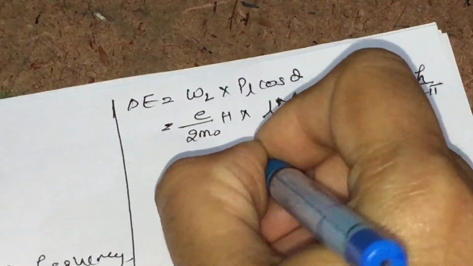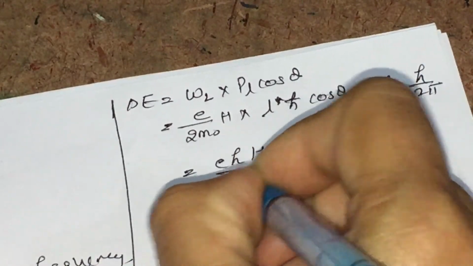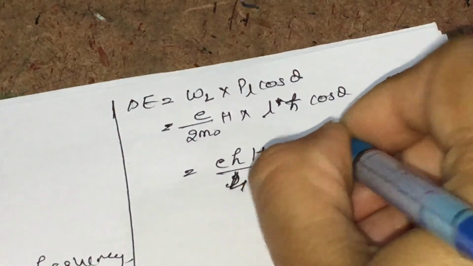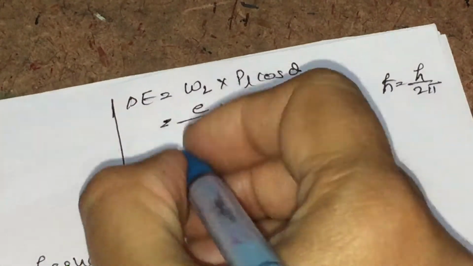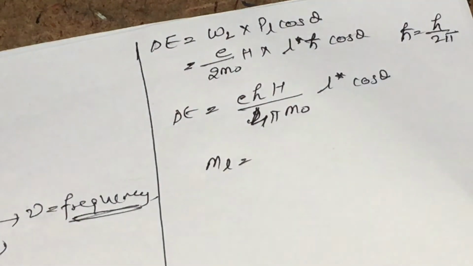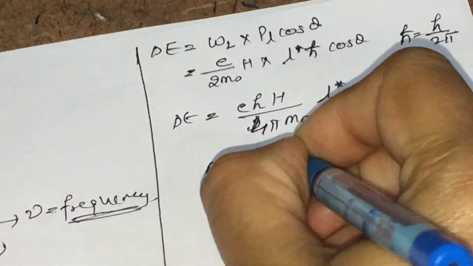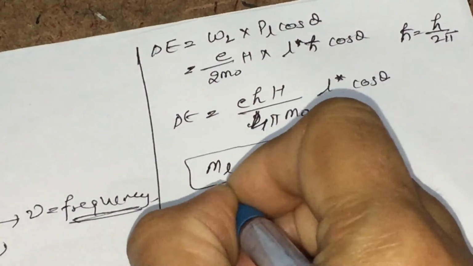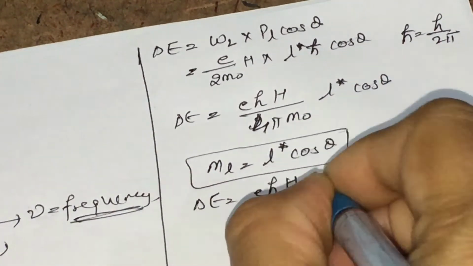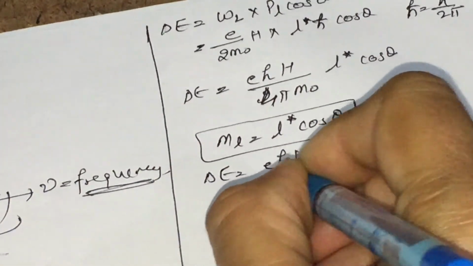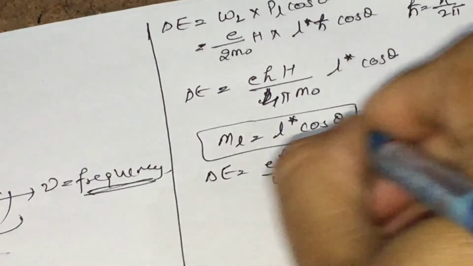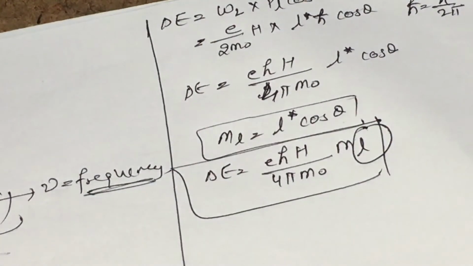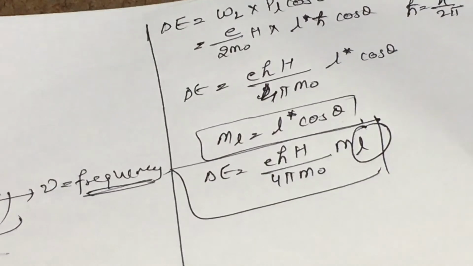Substituting this value we will have EHH divided by 4 pi m naught into L star cos theta, and by changing L star cos theta in terms of magnetic quantum number, ml is given as m, that is L star cos theta. So the change in energy in the case when magnetic field H is applied is given by this relation, and here the orbital motion is considered and spin motion is neglected.